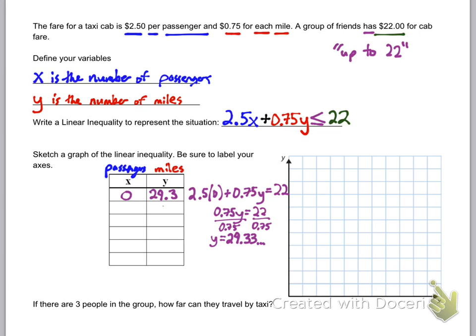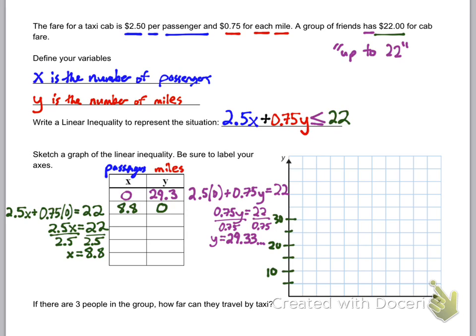That doesn't make sense for a taxi fare, or cab fare. So we're really just finding the boundaries of this, and we're going to connect the dots. Also, it's kind of silly to have 0 miles. If you put a bunch of people in a cab and go nowhere, that's kind of pointless too. But we're going to use this again as a boundary. So you plug in 0 for y, you get x is equal to 8.8, which also doesn't make sense because you can't have 0.8 people, but for the sake of drawing an accurate line, we want to keep that decimal.